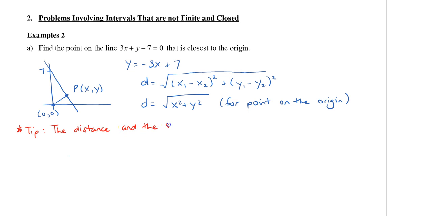The distance and the square of the distance have their max and min at the same point. The reason I want to square is so that I don't have the square root.